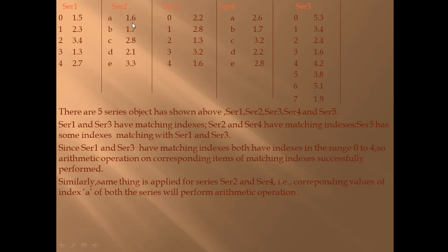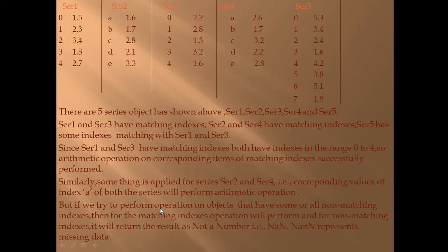The value of series 2, 1.6, and the value of series 4, 2.6, because both indexes A match. So the arithmetic operation, maybe addition, subtraction or division, will be performed on these two values, 1.6 and 2.6, wherever the indexes match. Clear?